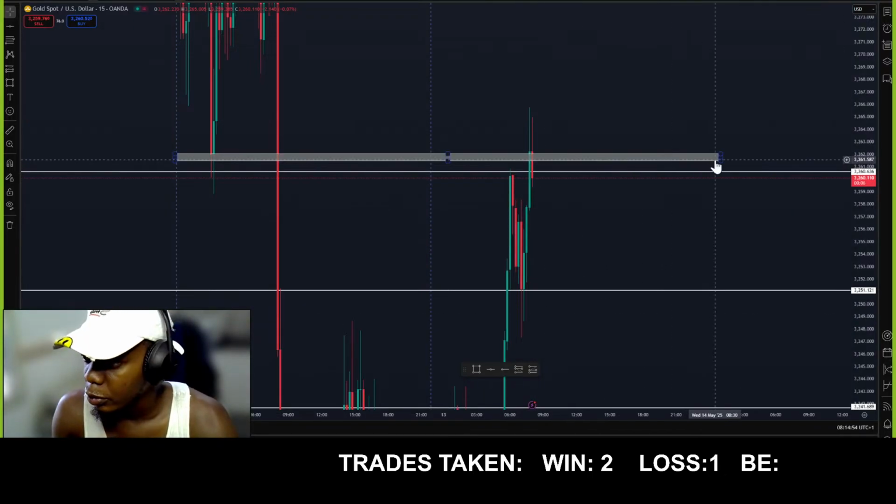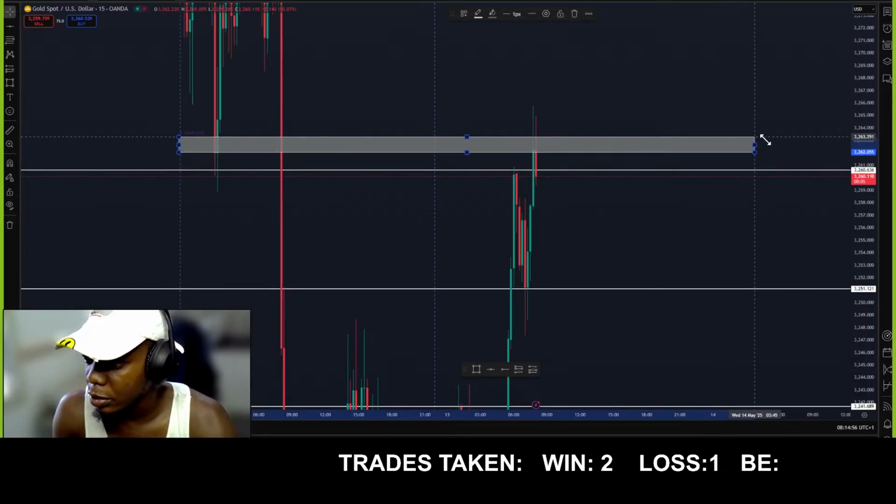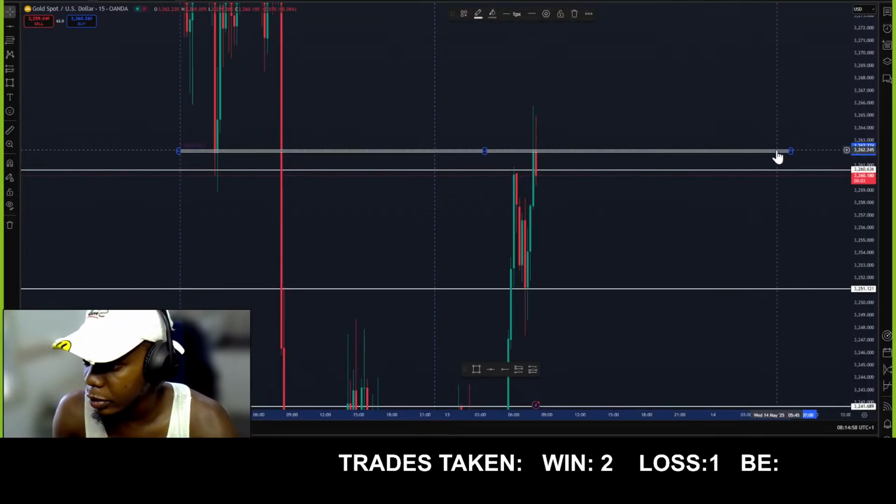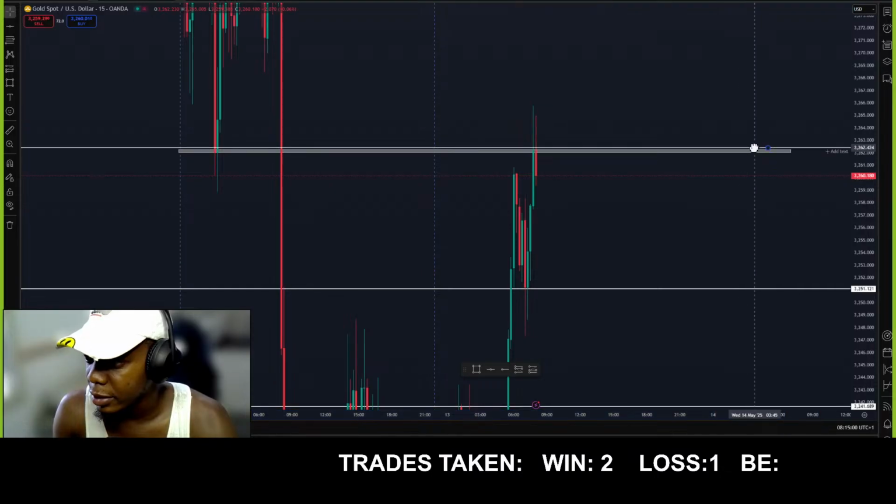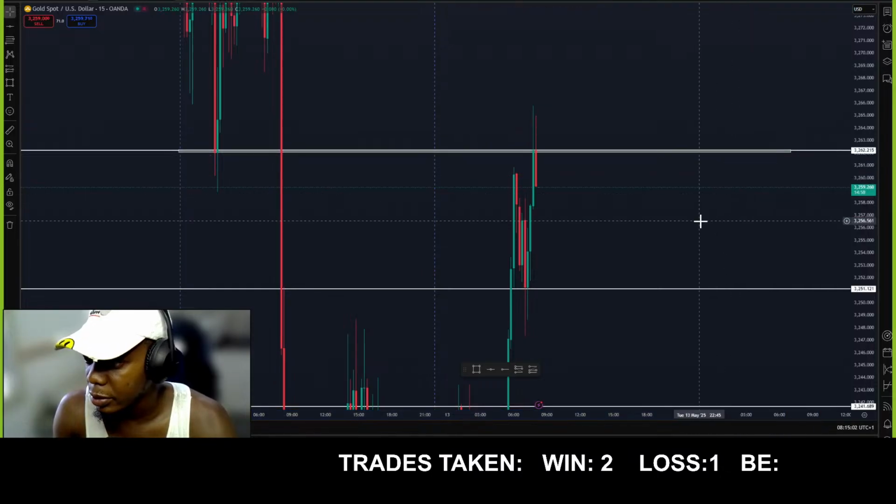Well, I'm looking for sells, so I'll adjust my level to be my new area of resistance. This is my new resistance here. That's what I'm going to do.